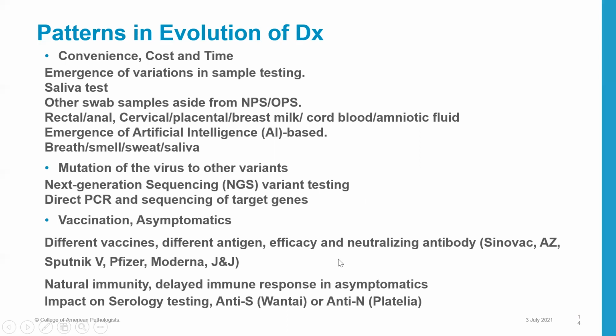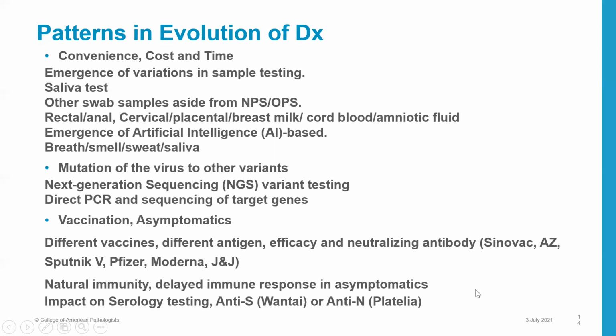And this would modify the kind of immune response generated in the vaccinated individual. Of course, for the asymptomatics, there is natural immunity and delayed immune response, which could also modify the pathologic pattern of the virus. And all this impacts serology testing.